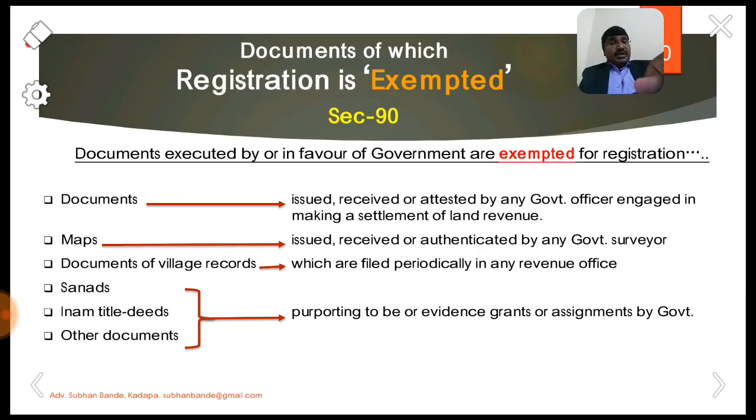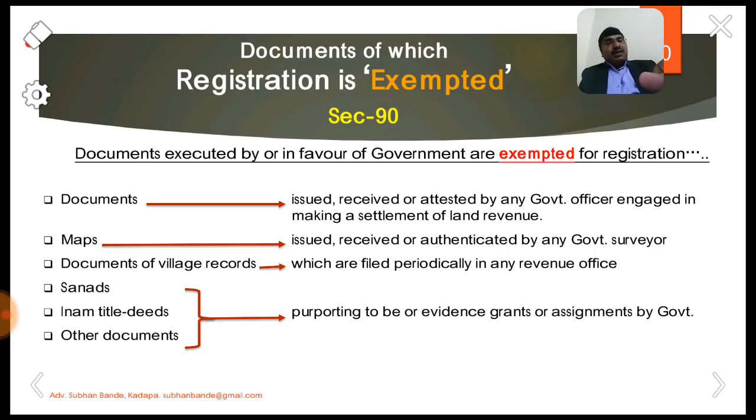Here, documents issued, received, or attested by any government officer engaged in making a settlement of land revenue are exempted under Section 90. The maps and plans issued, received, or authorized by the government surveyor or equivalent government officer are exempted.